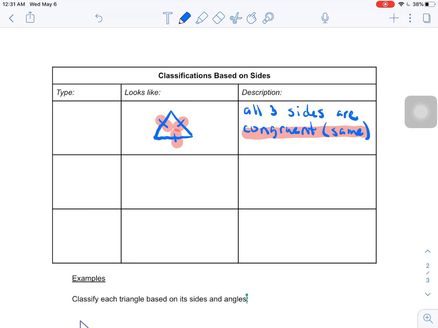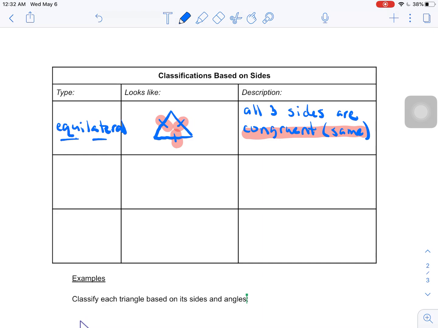And this type of triangle, with all three sides the same length, is an equilateral triangle. The name literally describes what's going on, because equi means equal and lat means side. So equilateral literally means equal sides if you break down the roots in the word.